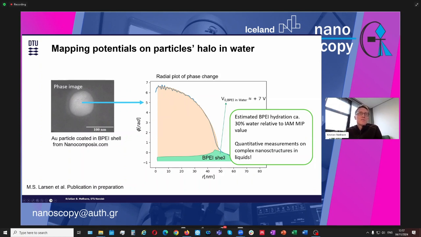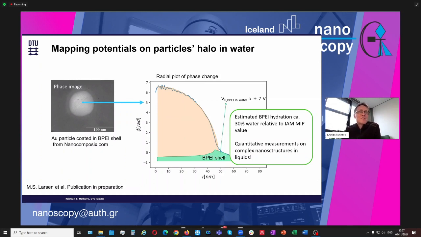And from these measurements, we would probably say we got about 30% water in here. So now we can begin to do quantitative measurements on complex nanostructures in liquids and map out potentials. Right now, you could say, with some uncertainty, because it's plus or minus half a volt. An electrochemist would probably rather have, say, plus or minus 50 millivolts.